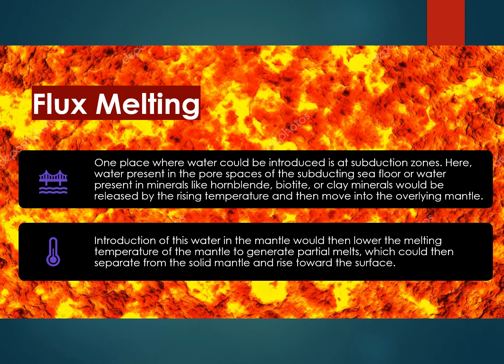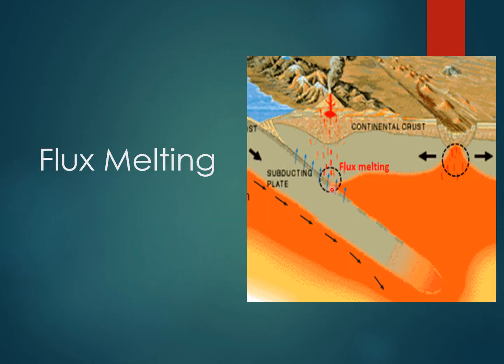Introduction of this water in the mantle would then lower the melting temperature of the mantle to generate partial melts, which could then separate from the solid mantle and rise toward the surface. This is an image where flux melting could occur in this area where water could be added to the rocks, and also here.